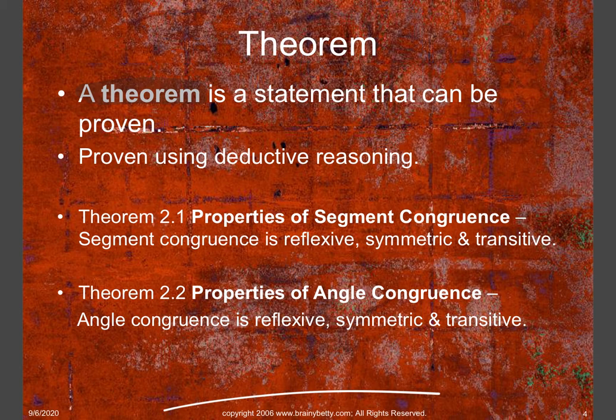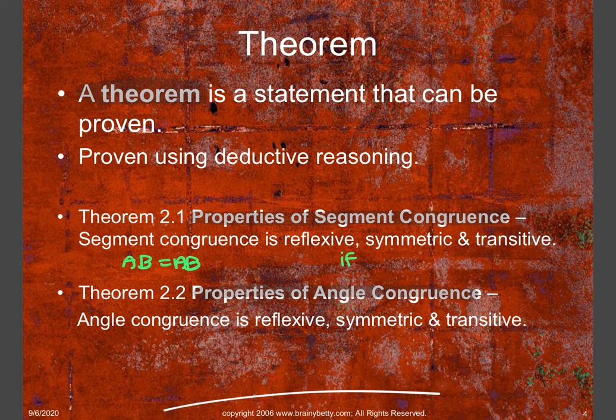So the properties of segment congruence say segment congruence is reflexive, symmetric, and transitive. So I can actually use either of those properties, or I can use properties of segment congruence as a reason. Properties of angle congruence say the same about an angle. So if I had segment AB is equal to AB, okay, that's reflexive.